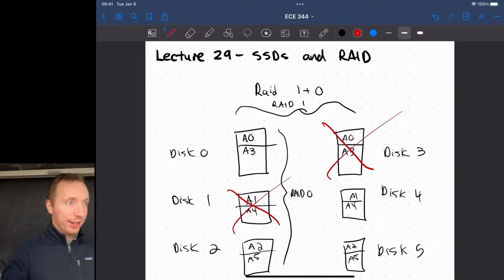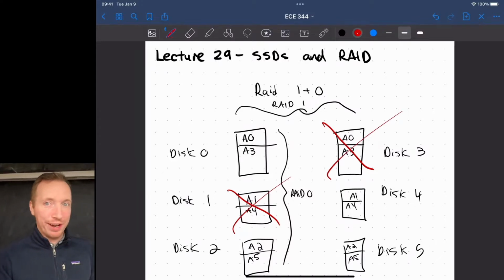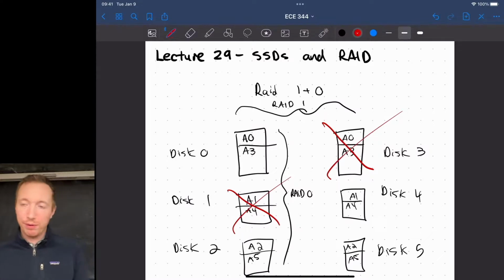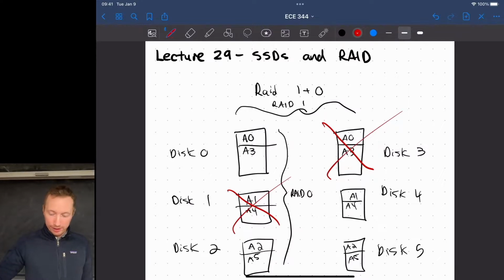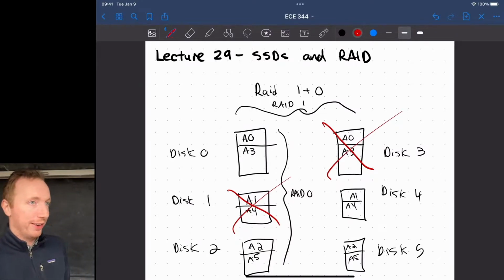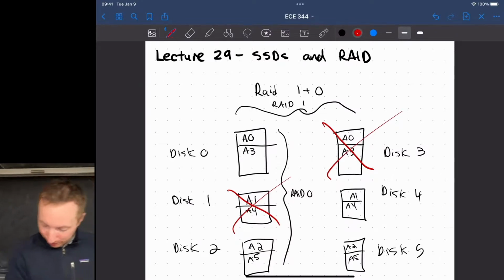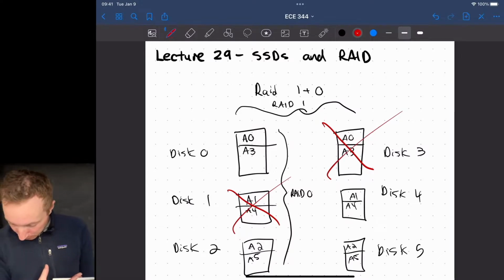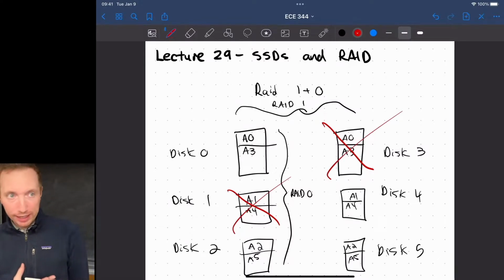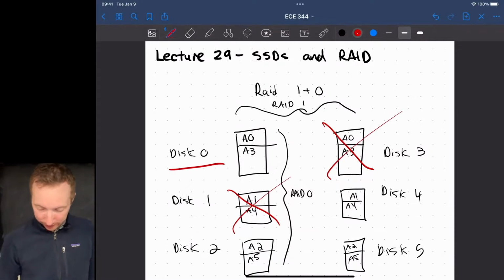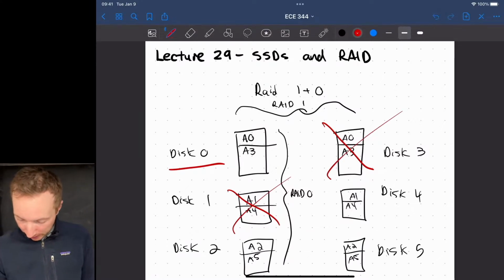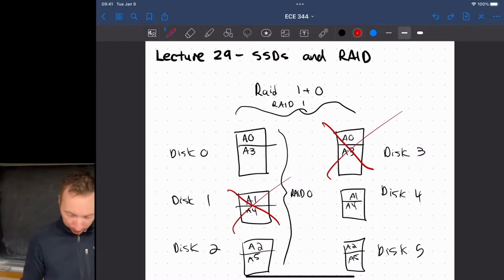So now, if another disk fails, assuming everything's randomly or uniformly distributed, I'm at a 50-50 shot now. So if I assume disk 0, 4, 2, or 5 could die next, well, if disk 0 dies, I'm screwed because now I don't have A0 or A3.